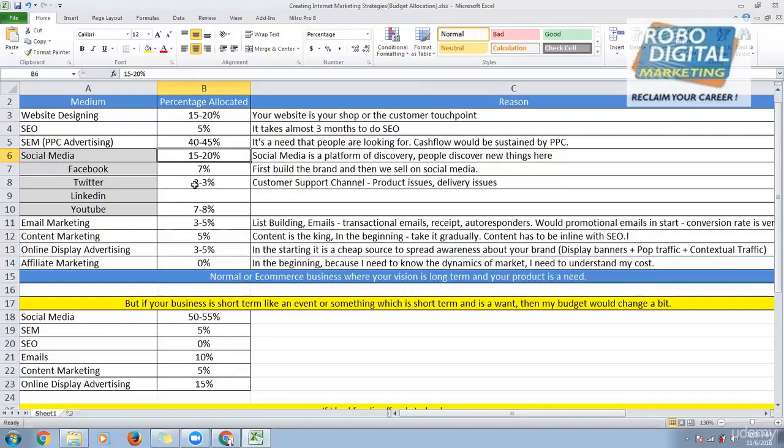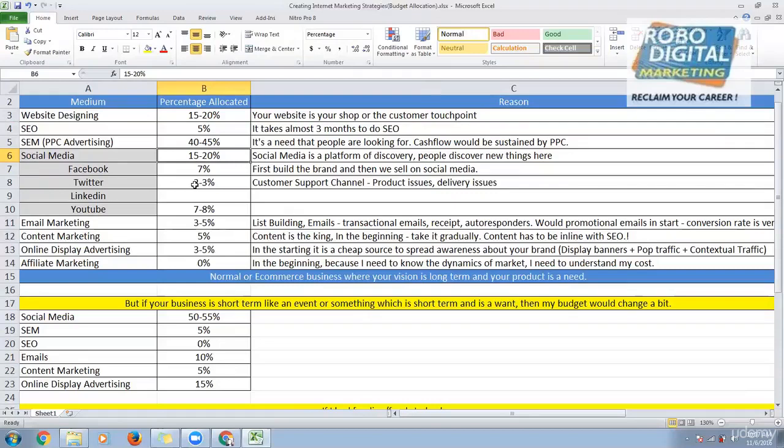That means creating posts and putting them up. So it requires a lot of graphics, a lot of content. So it will consume a lot of budget. Okay, as well as paid advertisement will be there. And there are multiple channels, so it will take a lot of human resources as well. So we have to spend 15 to 20% on it.